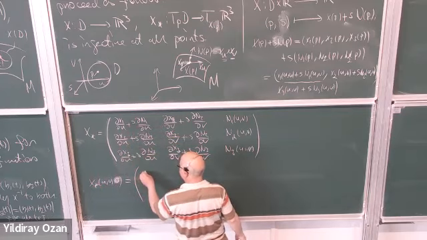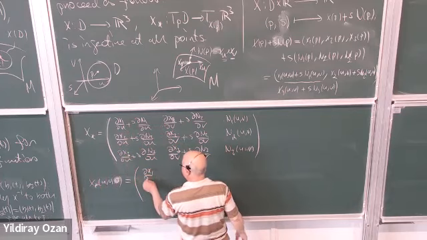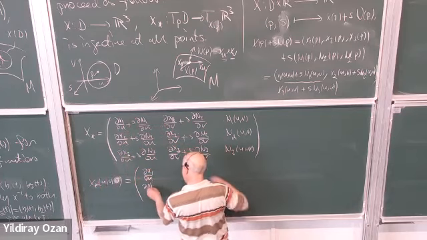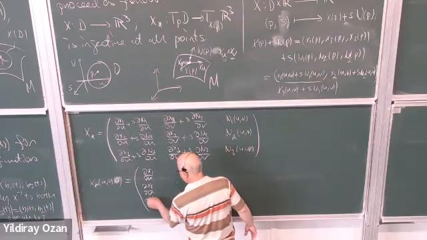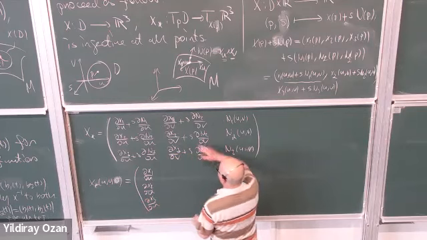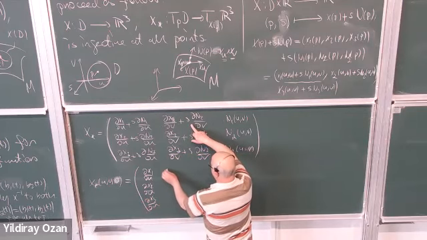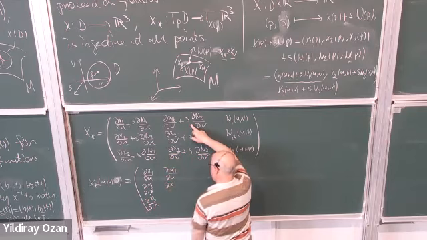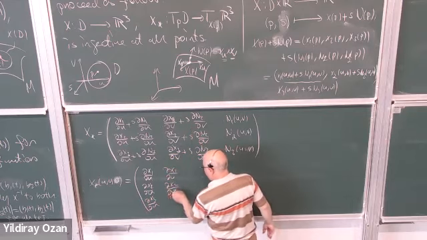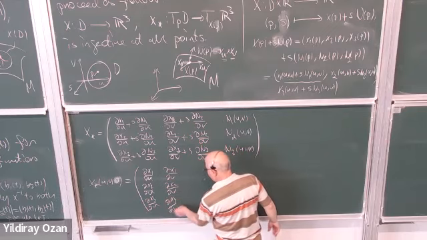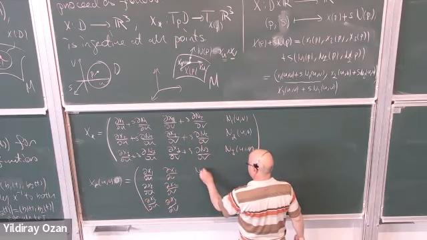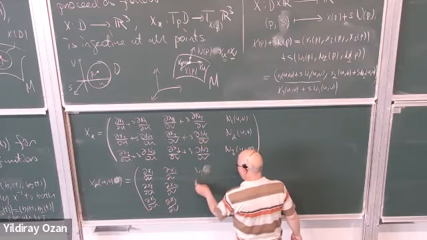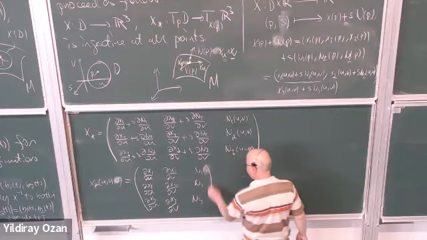So the first row is just the first tangent vector, basically: del x1 del u, del x2 del u, del x3 del u, and when you plug 0 for s, you get del x1 del v, del x2 del v, del x3 del v, and here I have n1, n2, n3.